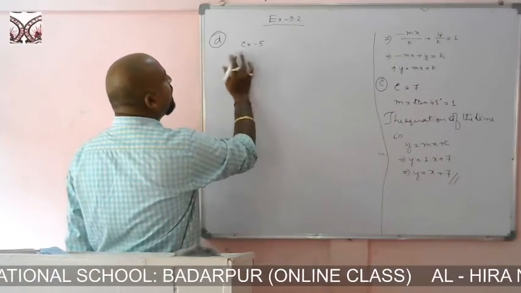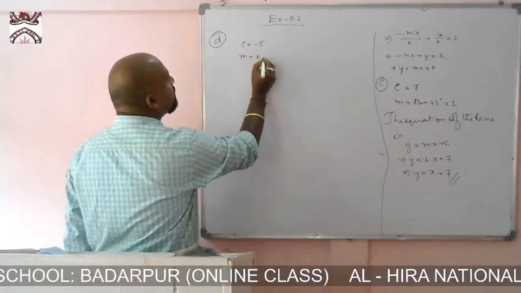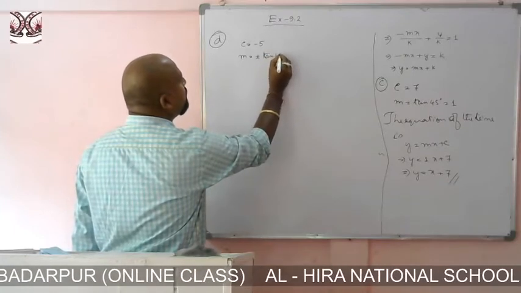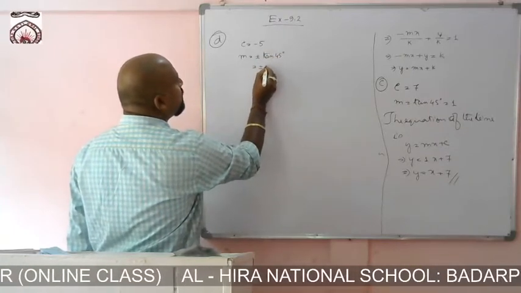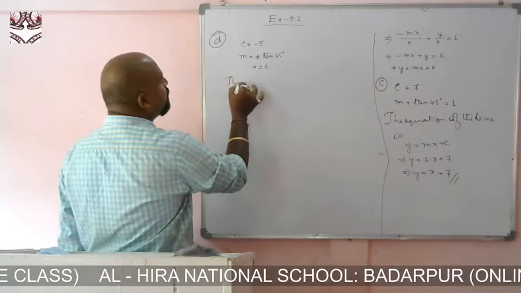The gradient of the line m equals plus or minus tan 45 degrees, so m equals plus or minus 1.